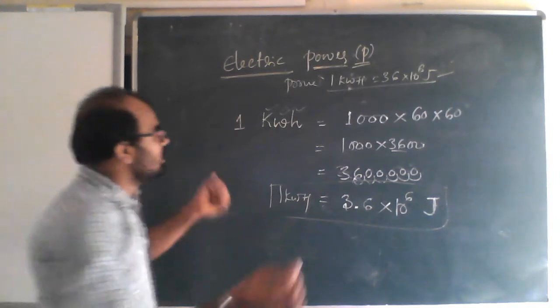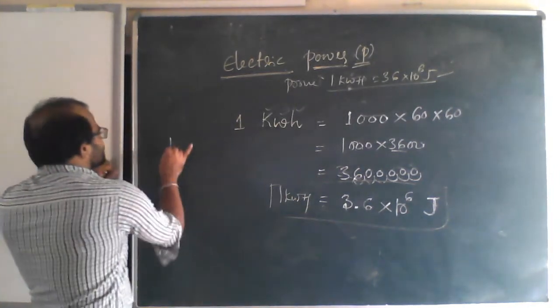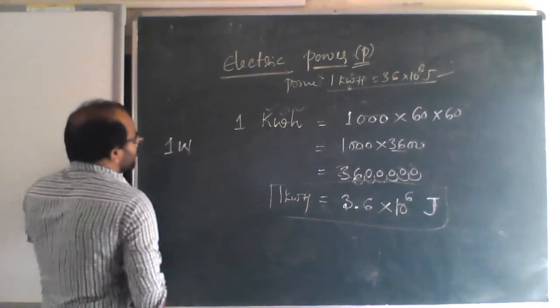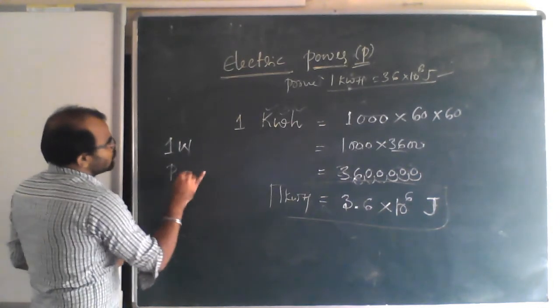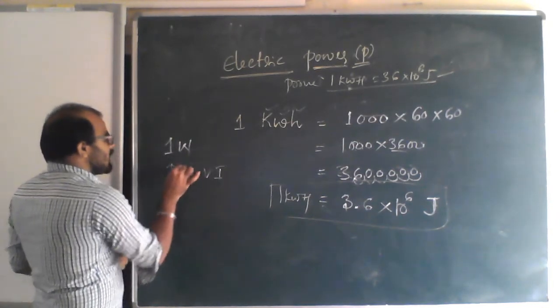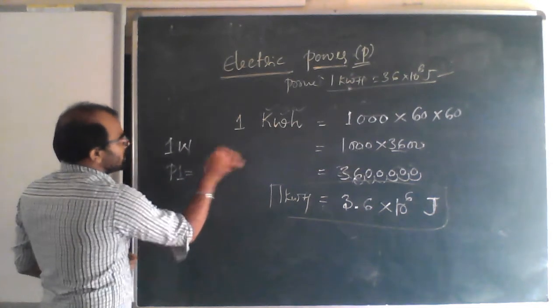I hope you understand. And define 1 watt might be asked. Define 1 watt of power. P is equal to VI. This is 1 when both of them are 1.